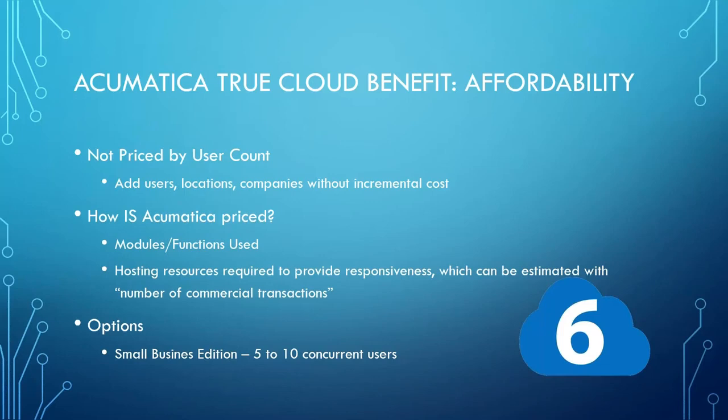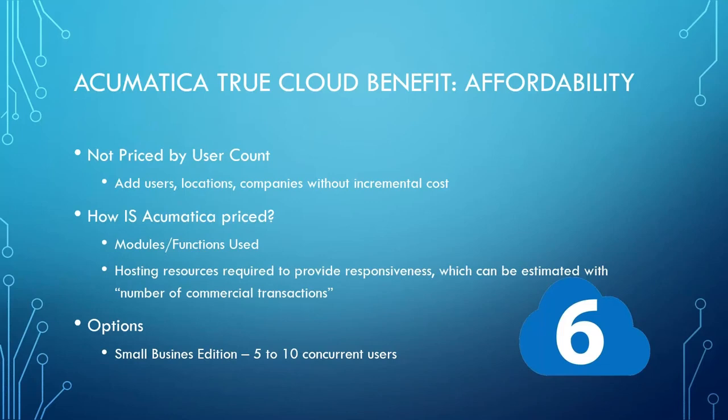You're all there. Acumatica is priced, I got an asterisk down here under options, but Acumatica is typically priced for mid-tier companies based upon the modules and the functions that are used. If you need to add on fixed assets, yes, that is a standard Acumatica module, but there is an incremental cost for something like that. But it's really priced based upon the modules and functions and on the hosting resources required to provide that responsiveness that we need.